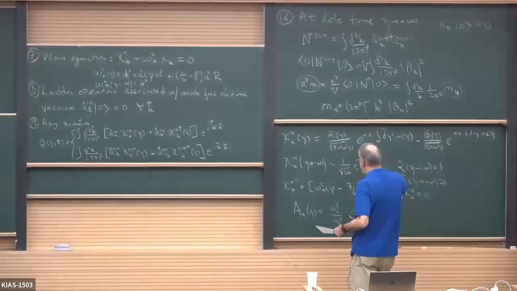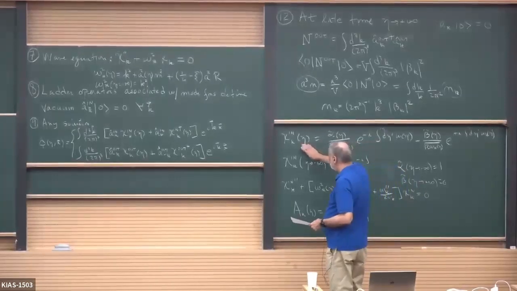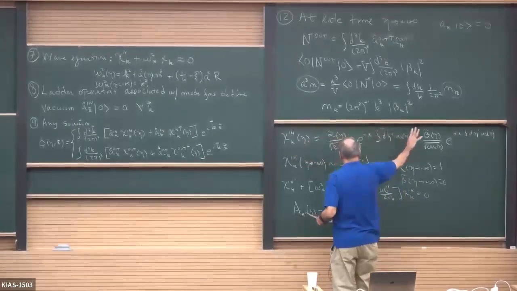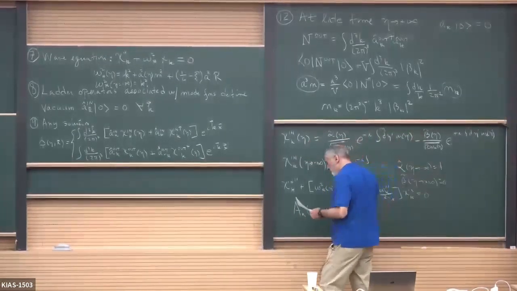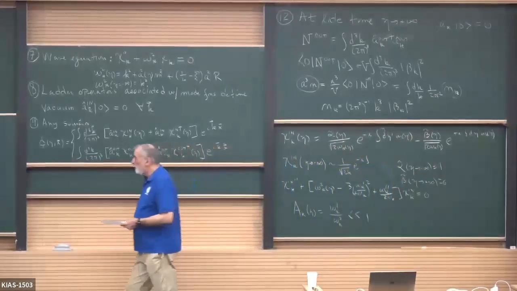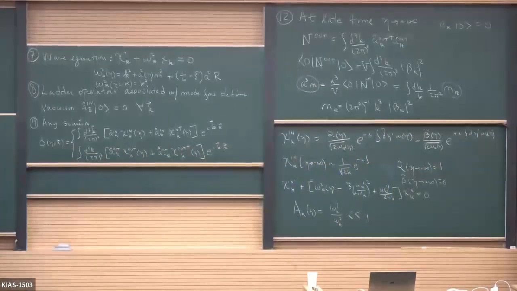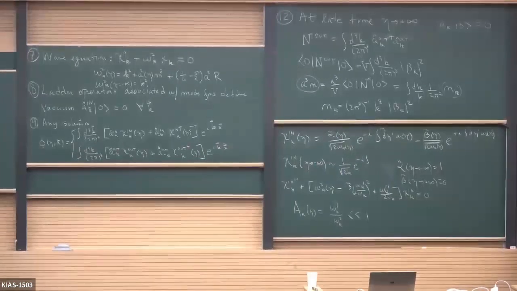Okay, so parameterizing the mode function in terms of alpha tilde and beta tilde, we can find the equation of motion for alpha tilde and beta tilde.